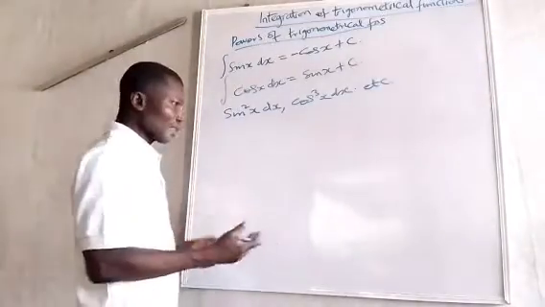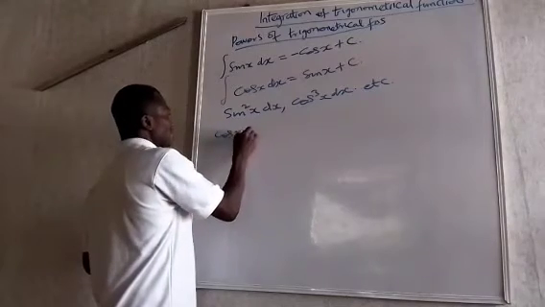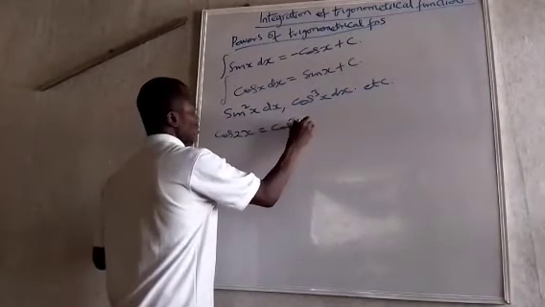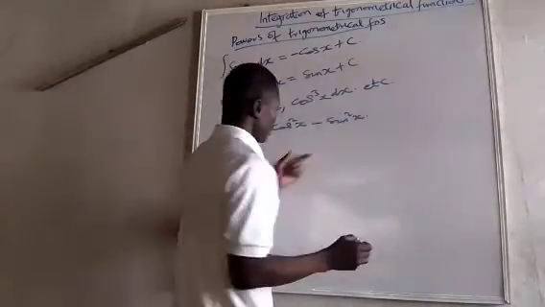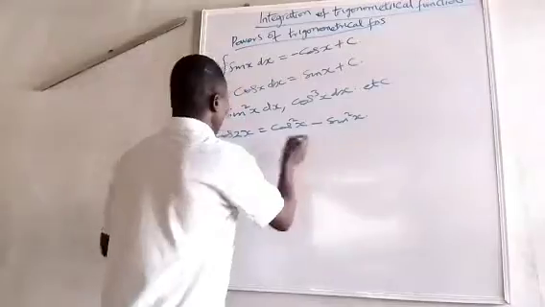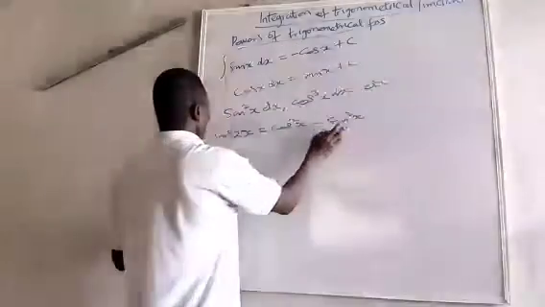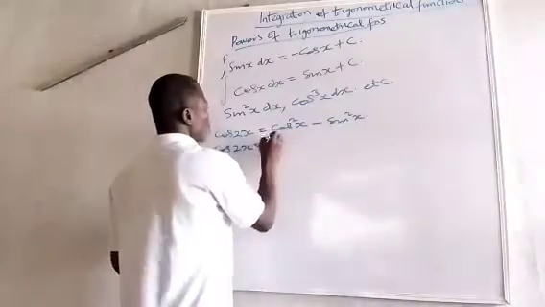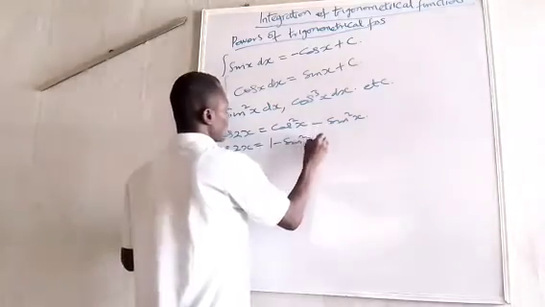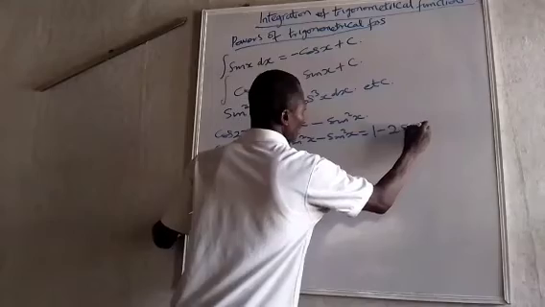Now, what do I mean? Look at this. Cos 2x is equal to cos square x minus sine square x. Do you understand? So, if I want sine square x, I can say cos 2x is equal to 1 minus sine square x minus sine square x, which is 1 minus 2 sine square x.